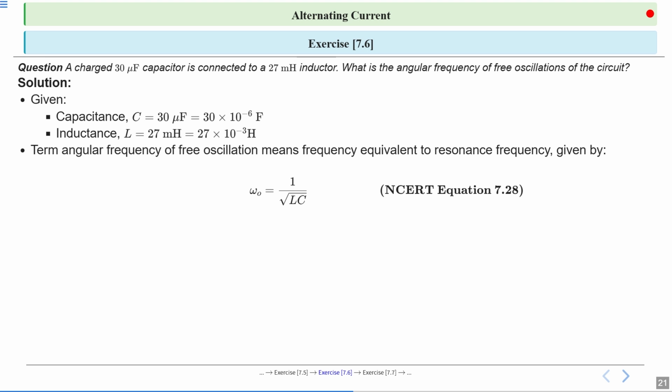At this condition, inductive reactance is equal to capacitive reactance, that means XL equal to XC. Omega naught L equal to 1 by omega naught C. After rearranging this equation, omega naught comes out to be 1 upon root LC. So this is the expression for resonance frequency.